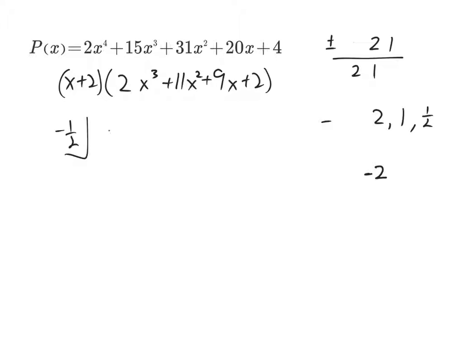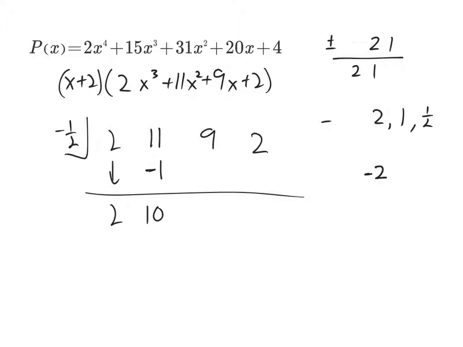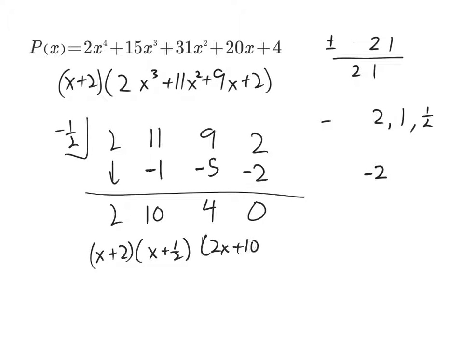Which ends up being 2, 11, 9, 2. Bring the 2 down. Half of 2 multiplied by a negative is going to be negative 1, which gives me 10. Half of 10 is 5. That's a negative 5. That gives me a 4. Half of 4 is negative 2, 0. There it is. So this factors out to be x plus 2, now x plus 1/2, 2x squared plus 10x plus 4.